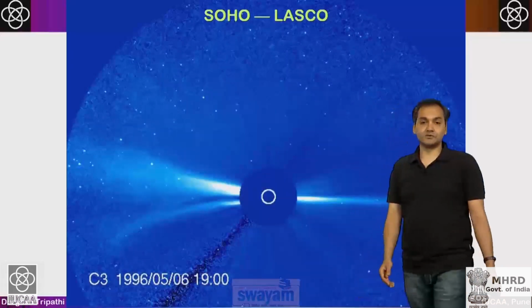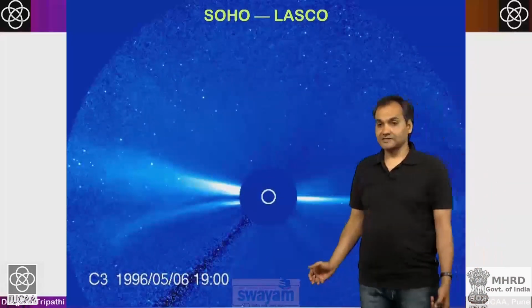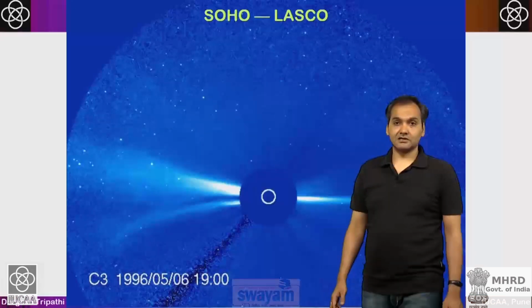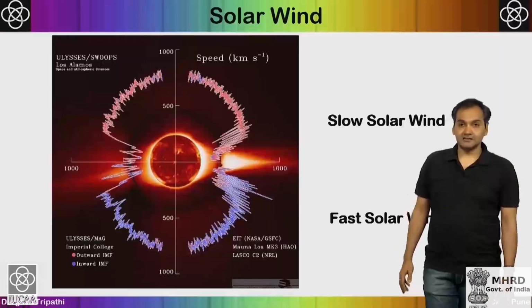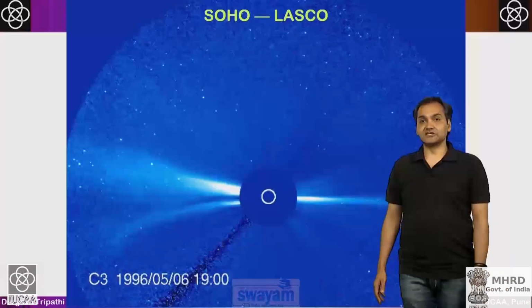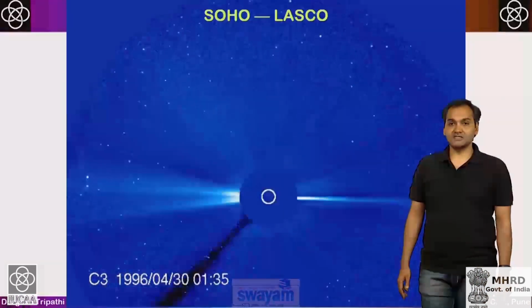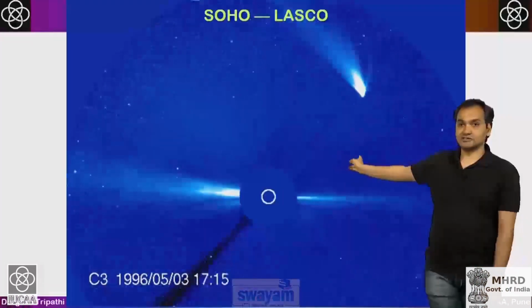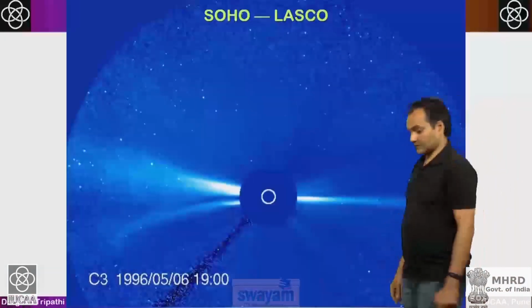We know that there are 2 tails to a comet, one is the dust tail, the other is the ionic tail, and it is the ionic tail which is pointing radially outside, as you can see in this grazing comet.